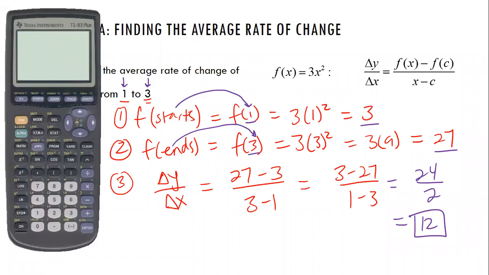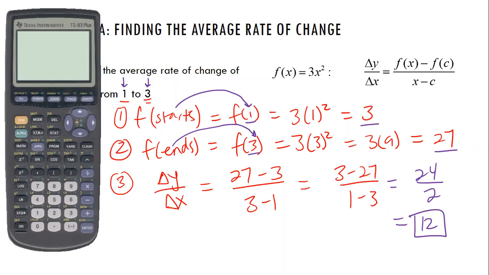Okay. What are your questions, comments, or concerns so far? None. Okay, so step 1 is you find your f of where it starts, your f of where it ends. Then you use all the values and find the change in your y over the change in your x.